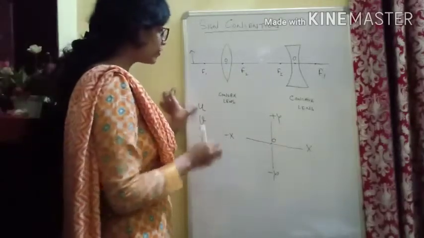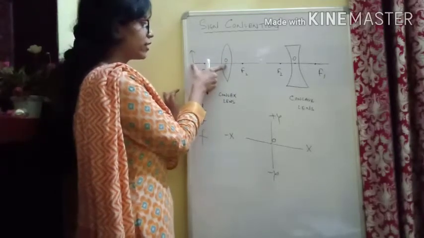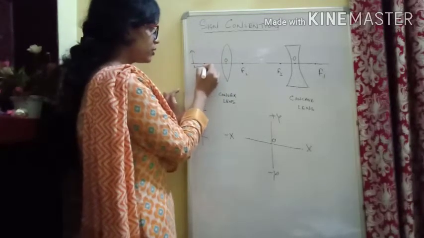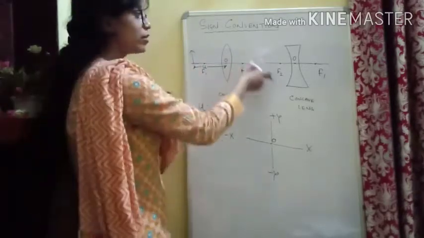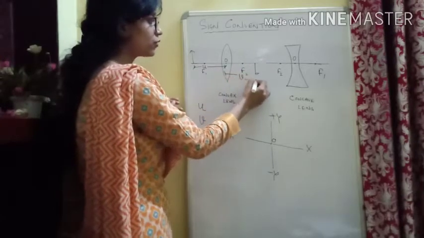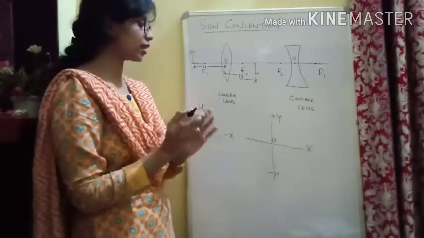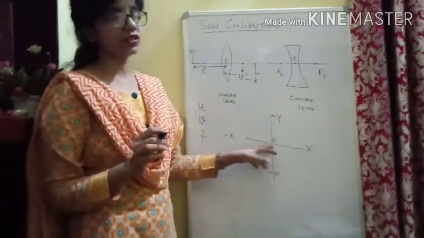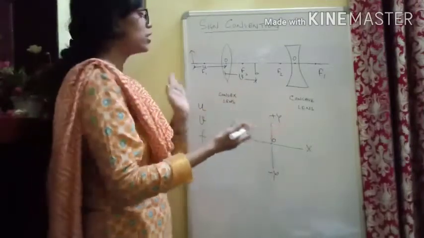If the object is on the left hand side, this distance will be your u, and then we will take u negative. If the image is forming on the right hand side from the origin, this distance will be v, and it will be taken as positive. So it is just like the Cartesian sign convention. Left hand side it is negative, right hand side it is positive.